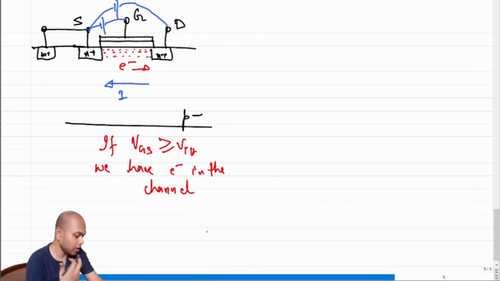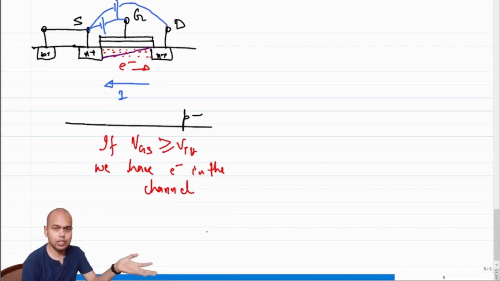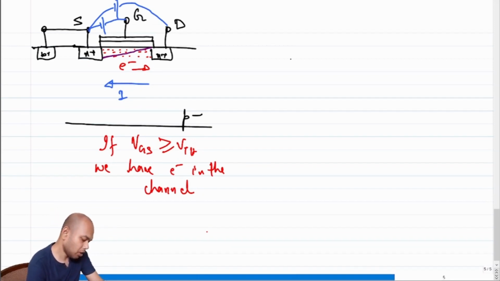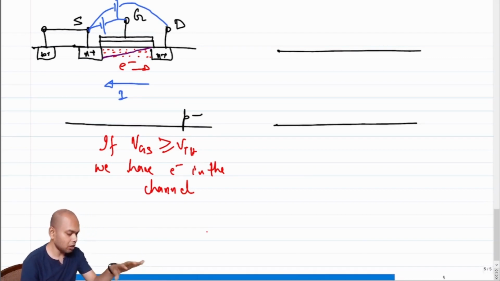If we keep on increasing the drain to source voltage, we start having pinch off, and since we start having pinch off, we are no longer able to influence the channel charge from the drain, and hence we have high impedance from the drain terminal. As it turns out, we also have a complementary device where all the dopings are of the opposite polarity.